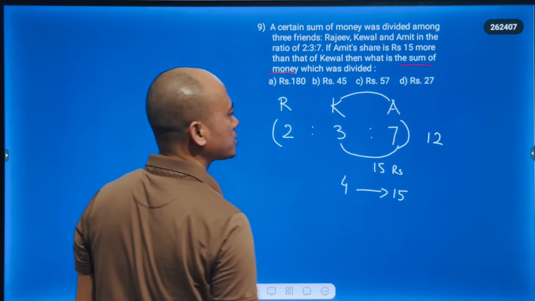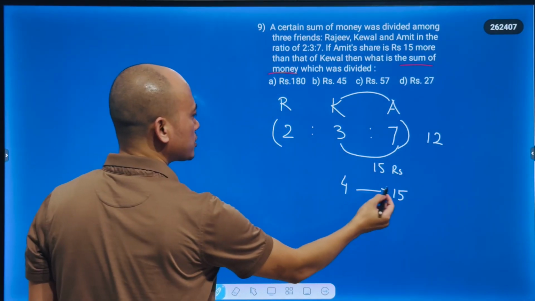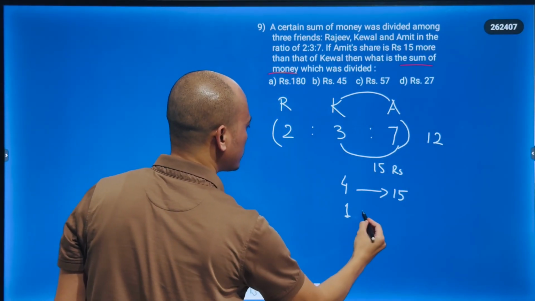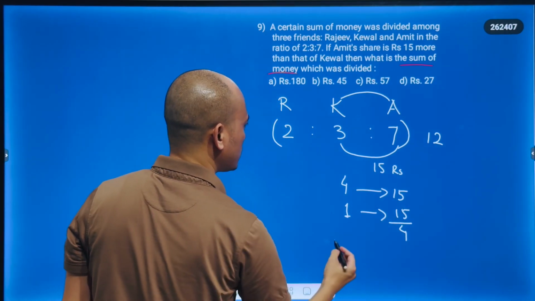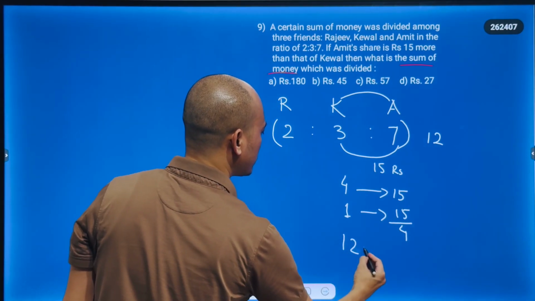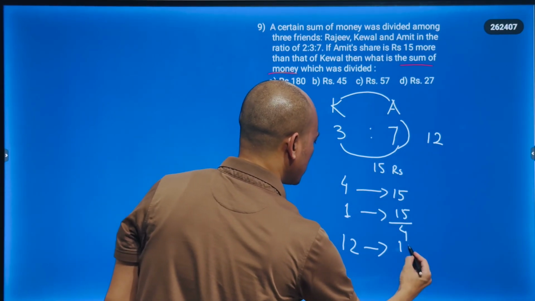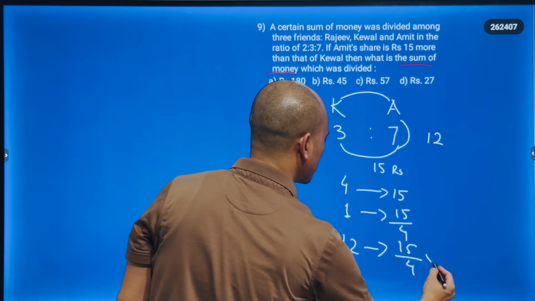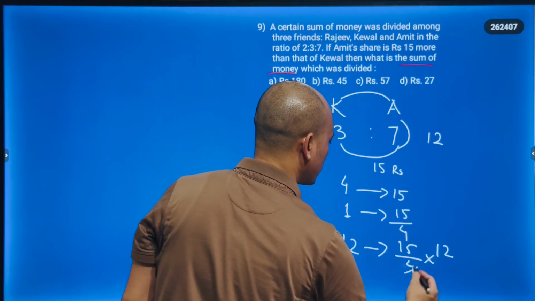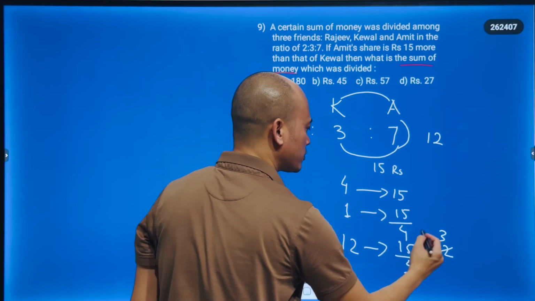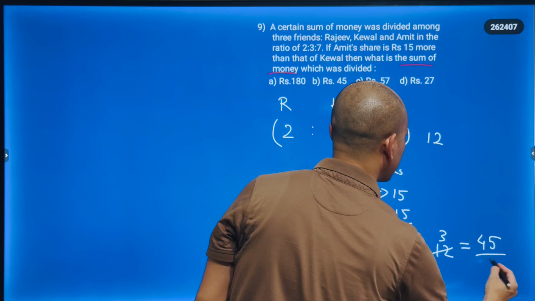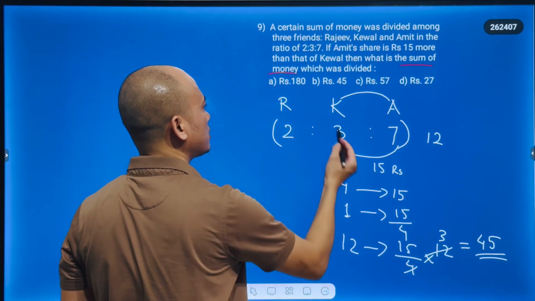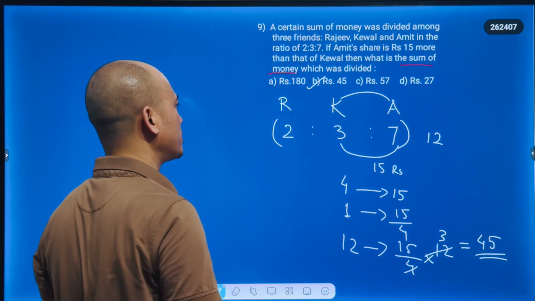So 12 units is the total. 4 units is equal to 15, so 1 unit will be equal to 15 by 4. Therefore 12 units will be equal to 15 by 4 into 12. 4 3s are 12, so 15 into 3 is equal to 45 rupees. So 45 rupees is the answer, which is option B here.